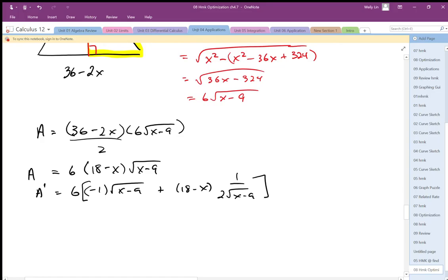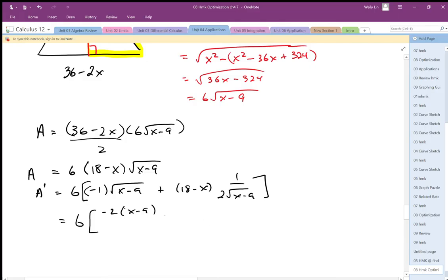Okay, so I just want to combine that together, and to combine that together I need a common denominator, so I'm just going to use a common denominator of 2 root x minus 9, which ends up conveniently combining with that x minus 9, so I get negative 2 times x minus 9.